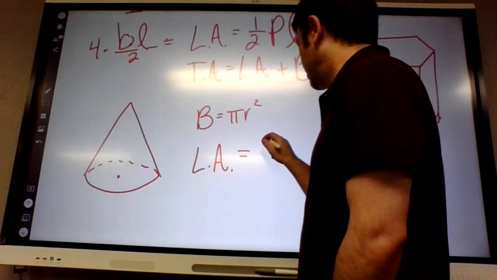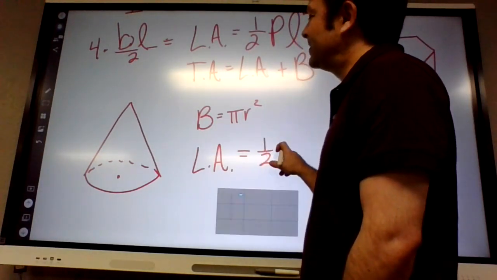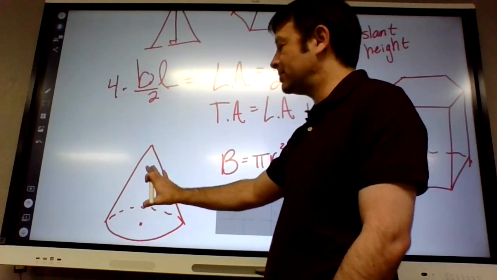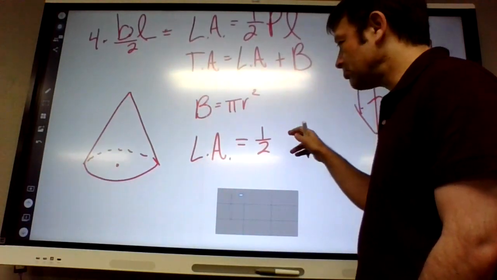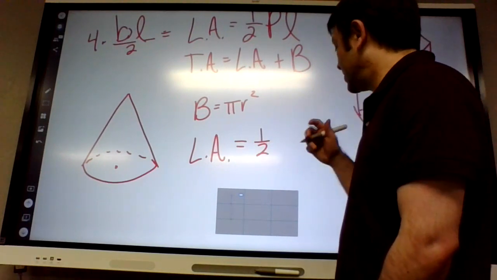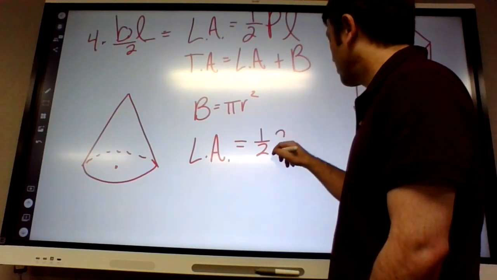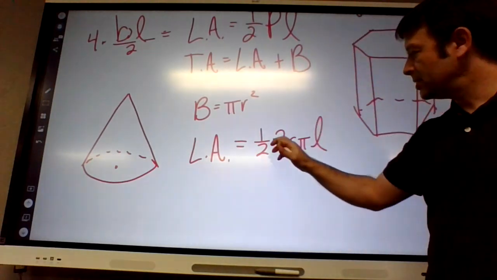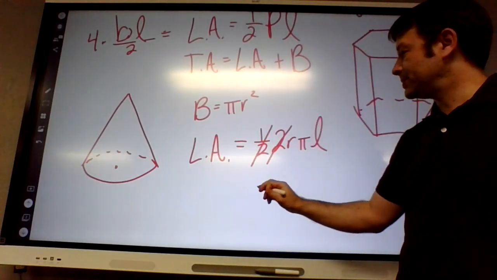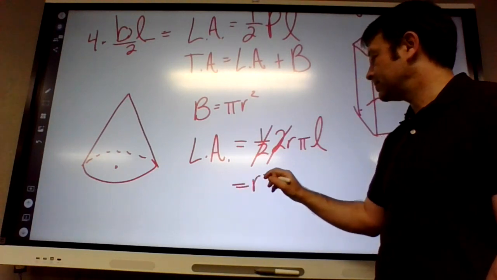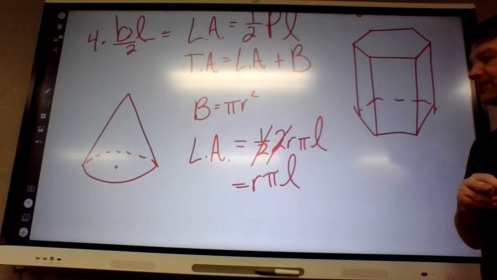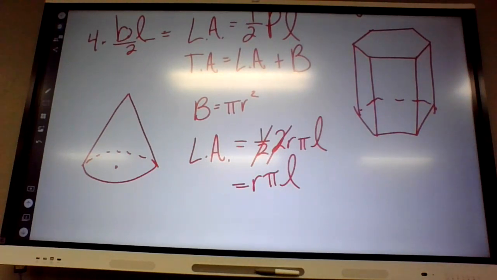But it's like a triangle thing, even though it's not really a triangle, it kind of is. It's 1/2 circumference times slant height. But the 1/2 and the 2 cancel each other out, so it's just radius times pi times slant height. Very short formula.